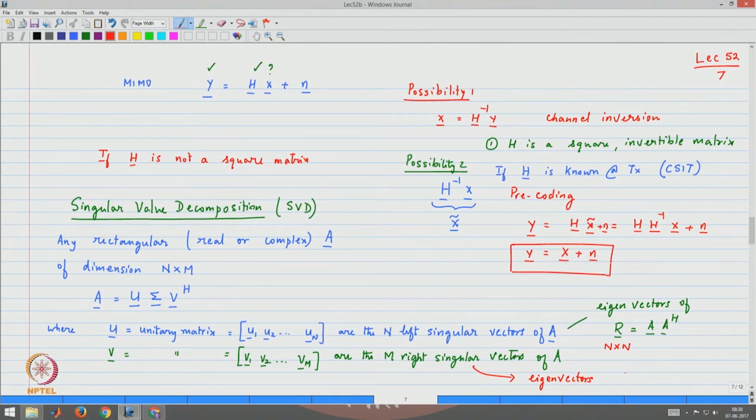In this case, it is given by R equal to A Hermitian times A, which would have dimension m cross m, and these would be the eigenvectors corresponding to that.